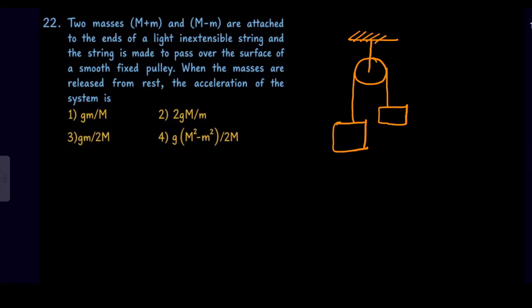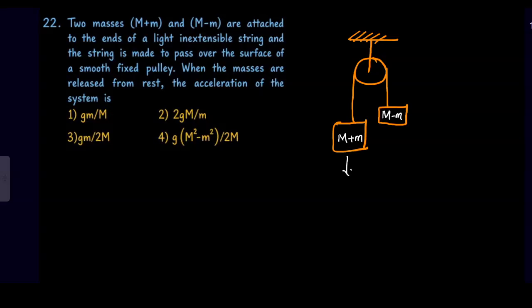And see the masses now here. This side we have capital M plus small m, and this side is capital M minus small m. They ask you to find the acceleration. The same procedure.